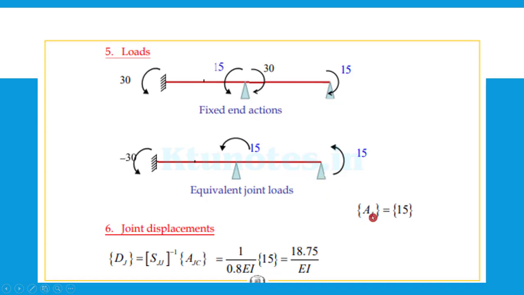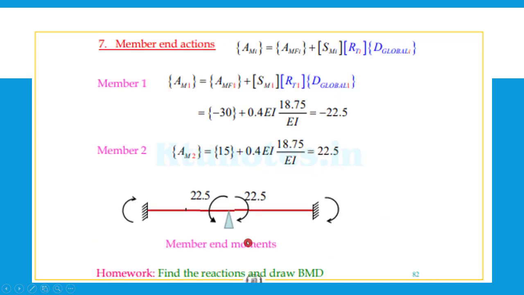So the AJ is equal to 15 here. And for the joint displacement, we have the equation D_J is equal to S_JJ inverse into A_J, which is 1 by 0.8 EI into 15, which is equal to 18.75 by EI.